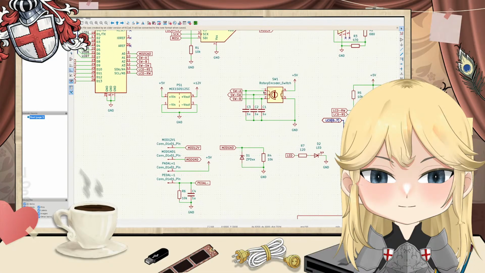And the mod 12 goes out. Oh, is it the other pins? Hold on. Oh yeah, I believe it is. Is it? Yeah, it is. Okay.